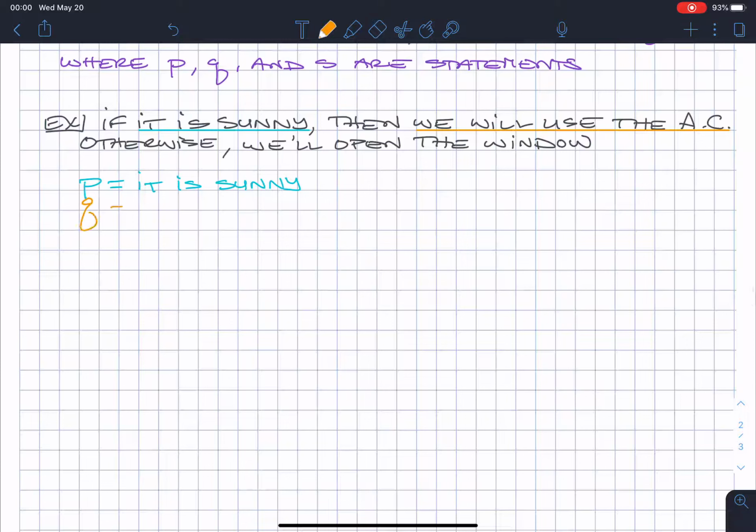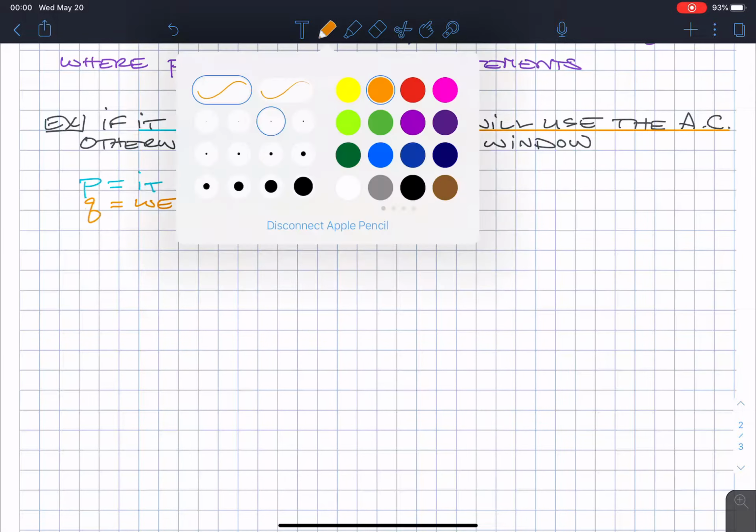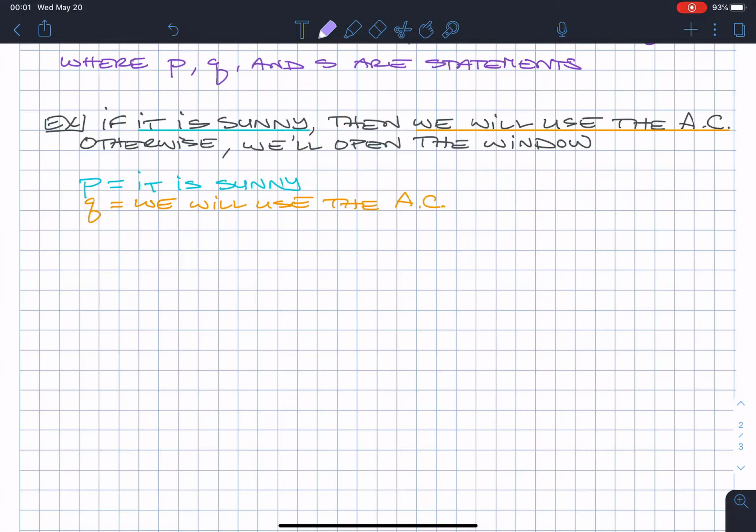So let's call this Q. Will we? Well, that depends. If it is sunny, we will. If it is not, we won't. Now let's look at the S. Let's use purple. So we'll open the window. Let's call that S.